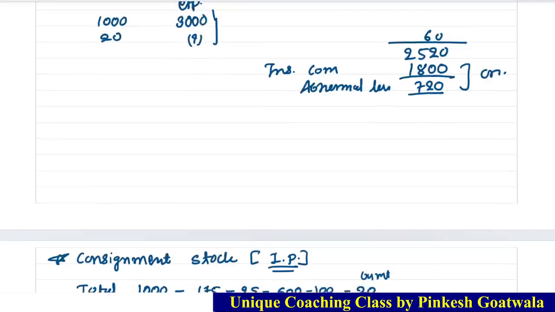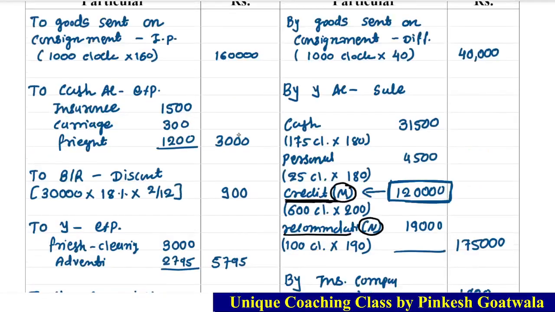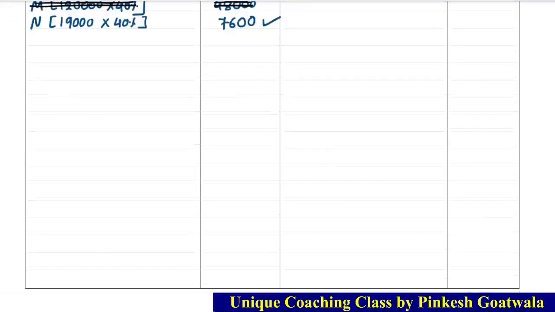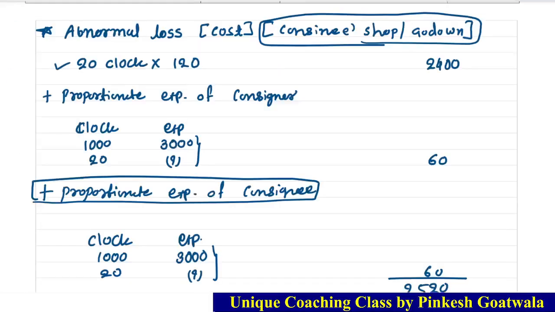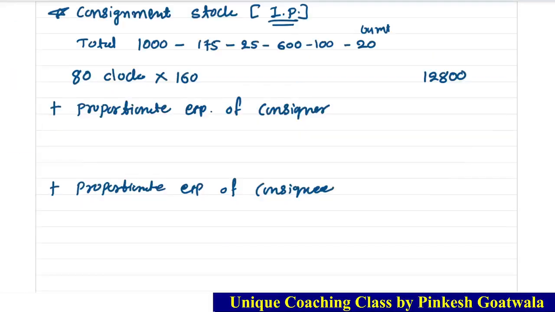So how many expense done by consigner? The same point we have just calculated. Consigner had 3000 expense on 1000 clock, and consignee also done 3000 expense on 1000 clock. Okay, બંને 1000 clock પર 3000 expenses કર્યો છે.